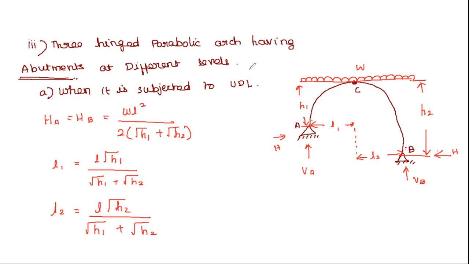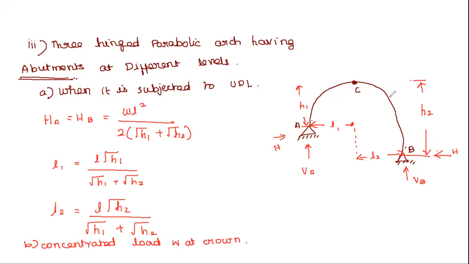Instead of this UDL, condition B is when the arch is subjected to a concentrated load W at the crown. So we know what is crown and springing, concentrated load W at the crown.